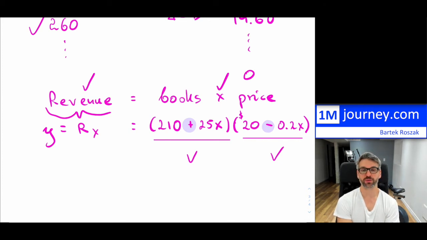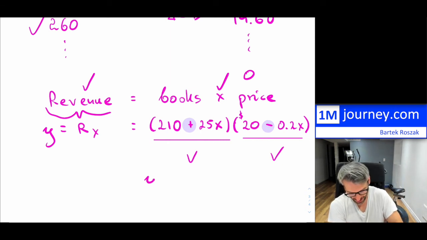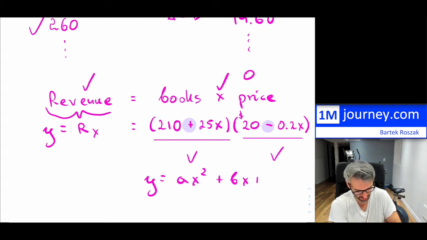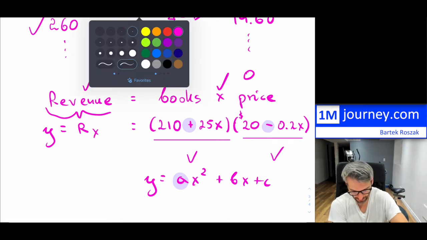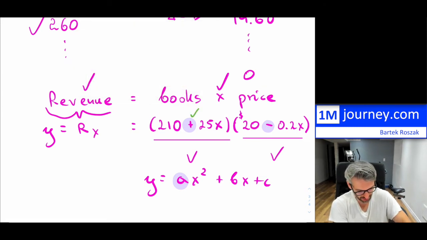If you multiply this through, going back, Y is equal to AX squared plus BX plus C. You'll notice this A, because one is positive and this one is negative, means this A is going to be negative.